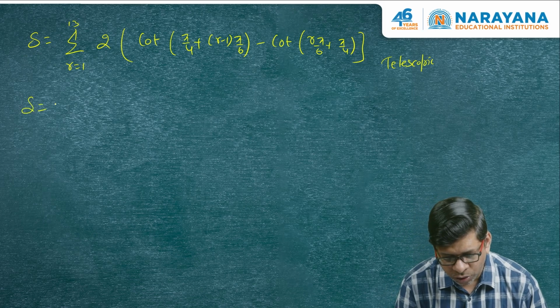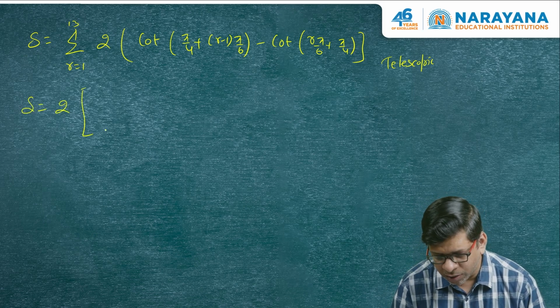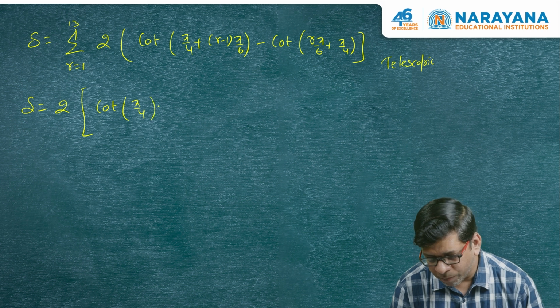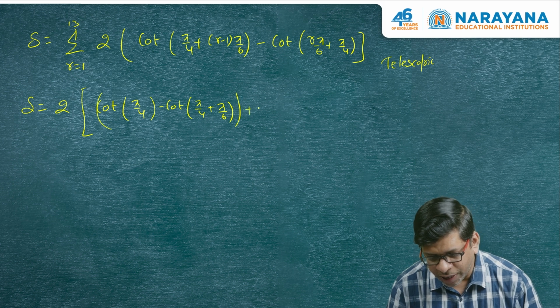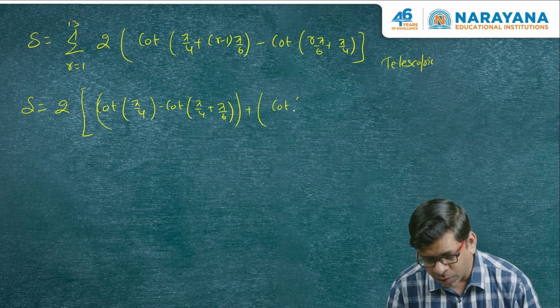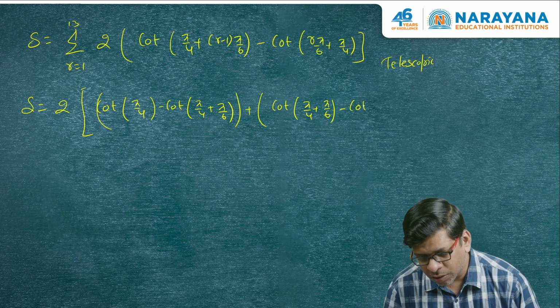So if you put the value of r one by one, the first term will be cot pi by 4 minus cot of pi by 4 plus pi by 6. When you put r equals 2, it becomes cot of pi by 4 plus pi by 6 minus cot of pi by 4 plus 2 pi by 6, and so on.